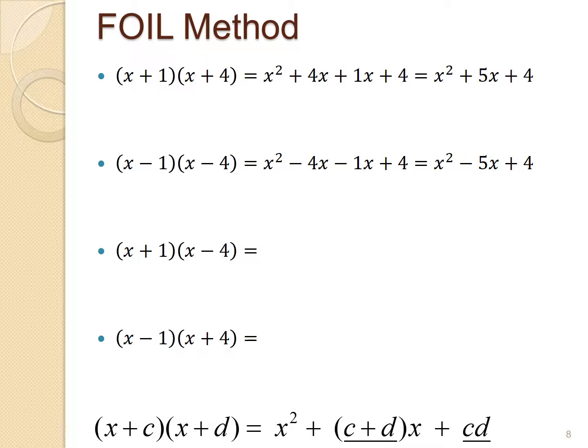So we look at the c is here and the d is here. In the first one, the c was plus 1 and the d was plus 4. Add them together and you get 5x. You put the x afterwards, as it shows here. And the last term is simply c times d.